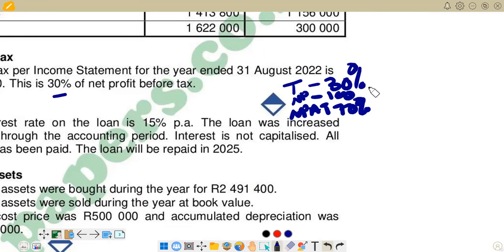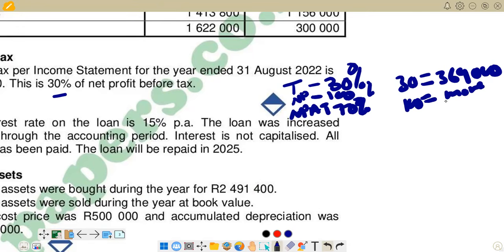Since we have got the representation in terms of percentages, 100%, we are just going to say 30%. 30 is equal to, we are given that figure is 369,000. That's what we are given. Then the figure that we want is net profit here, which is 100%. So 100% now is equal to, obviously we get a bigger figure here.